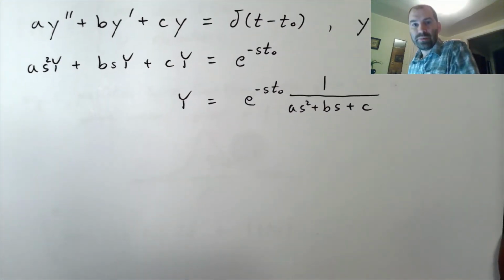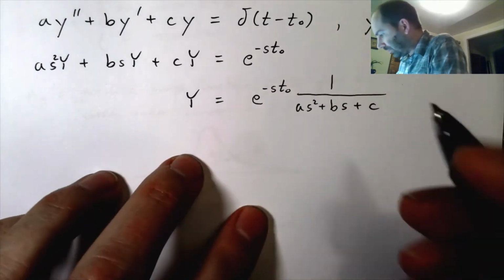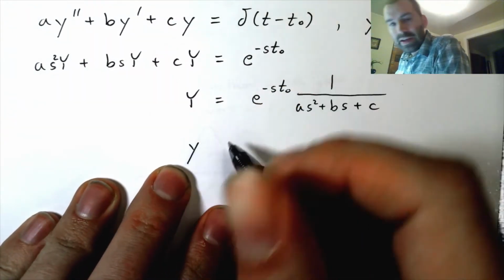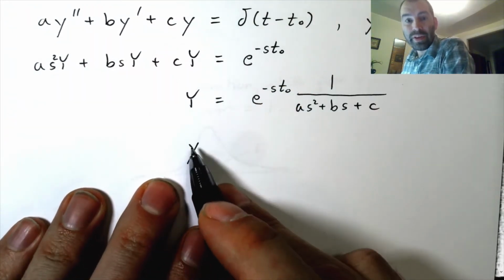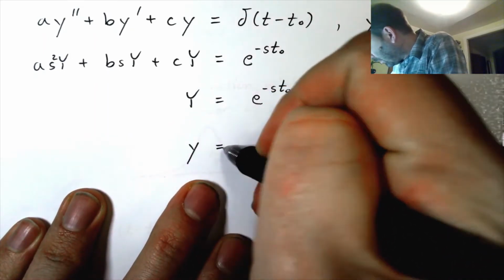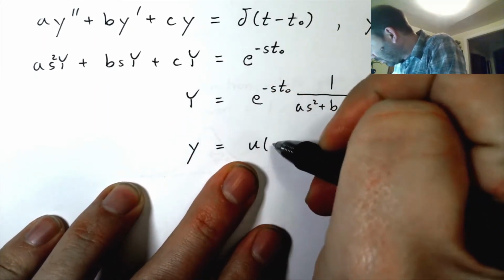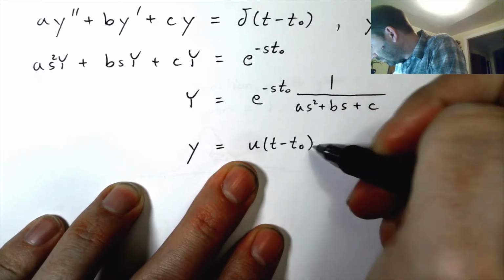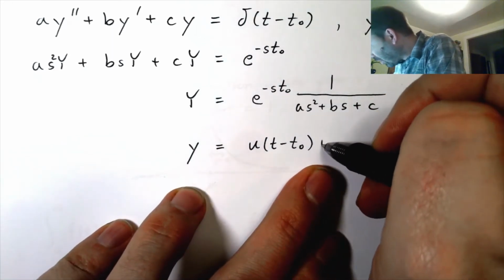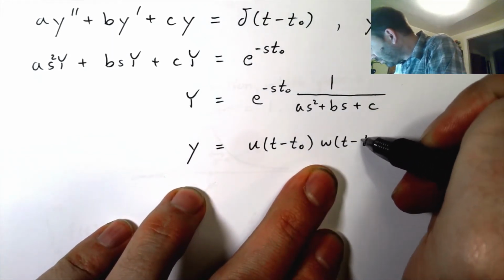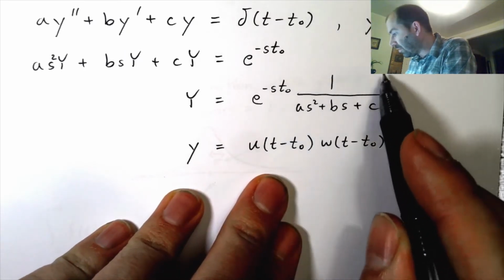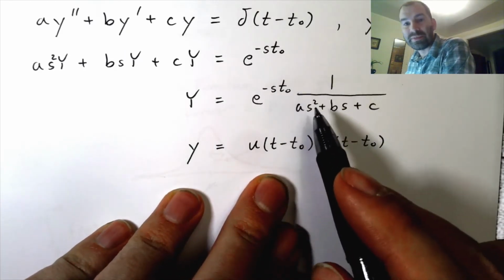So there we go. What we're saying is that the inverse Laplace transform of capital Y, that's lowercase y, is going to be the step function multiplied by the t0 shift of the inverse Laplace transform of this.